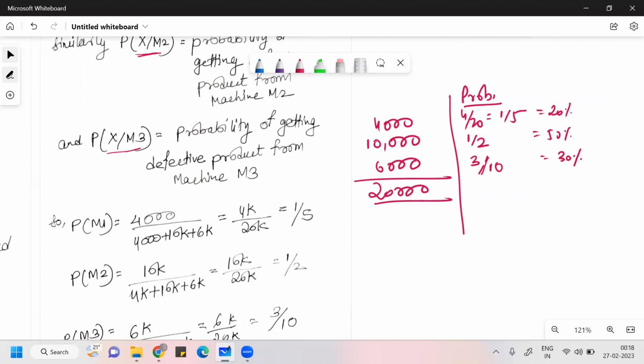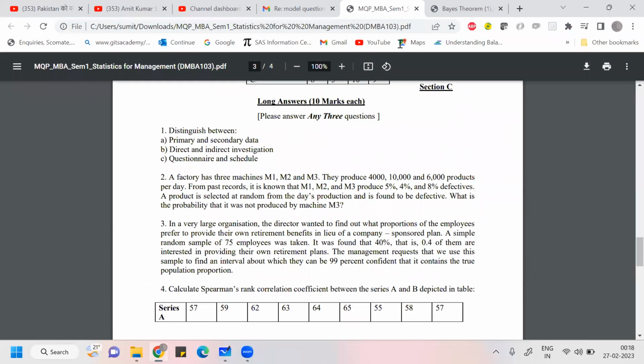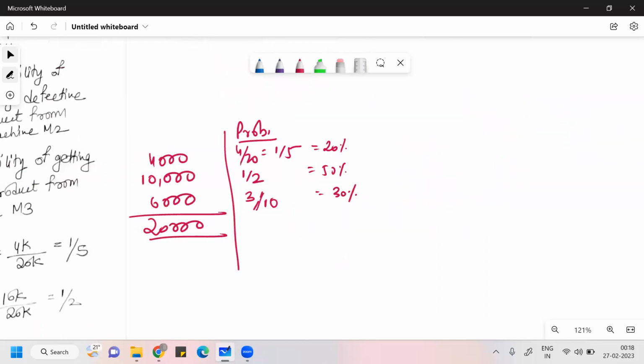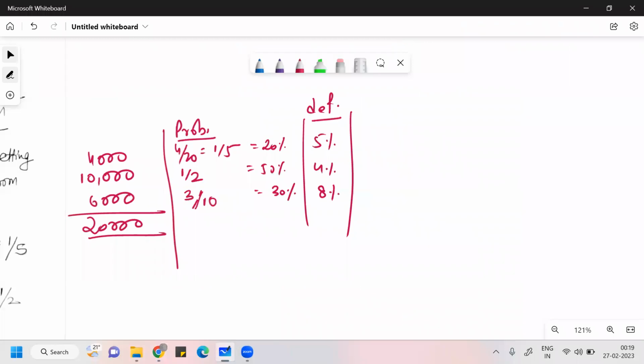Once you get their probability, then what is the probability of getting a defective component? 5%, 4%, 8%. That is the probability of getting a defective component. Okay, if a product is selected at random from the day's production and it is found to be defective, what is the probability that it is not produced by M3?